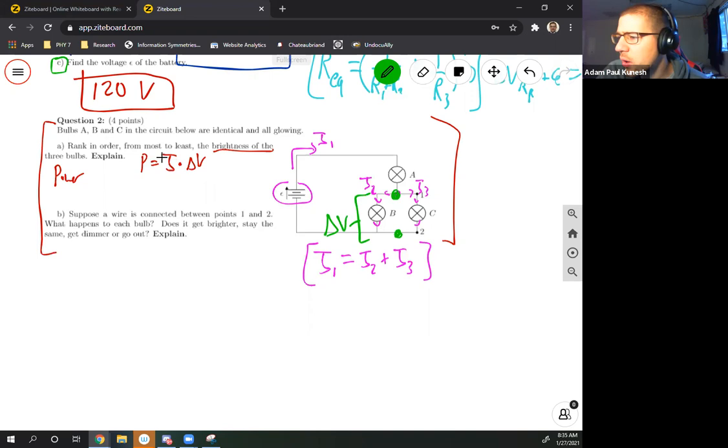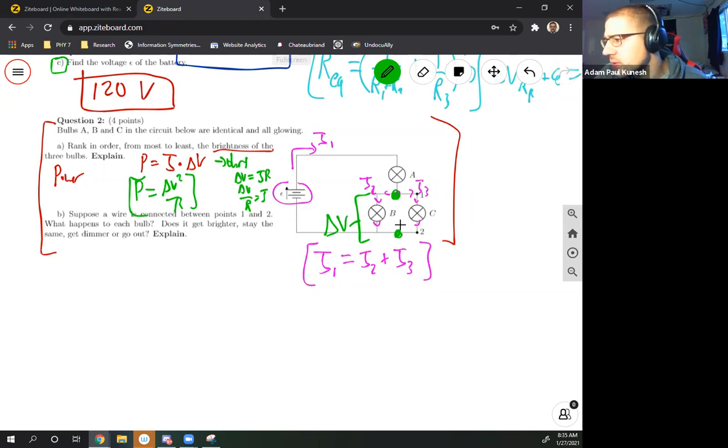Another way to write power using Ohm's law, delta V equals IR, is to substitute in delta V over R for I, and I find that power is delta V squared over R. Since I have the same change in voltage for these two bulbs, and because they're identical and have the same resistance, the power dissipated by bulbs B and C is the same.